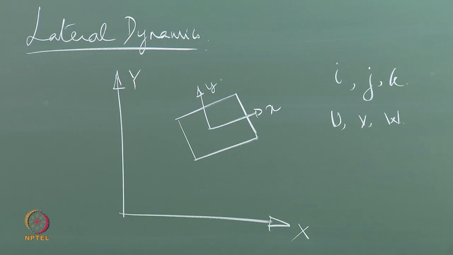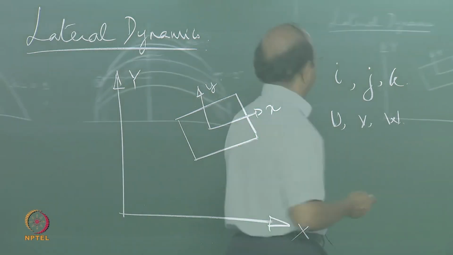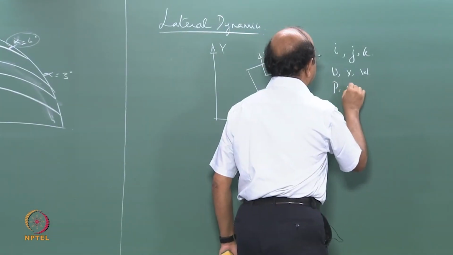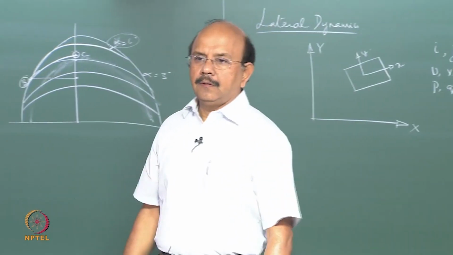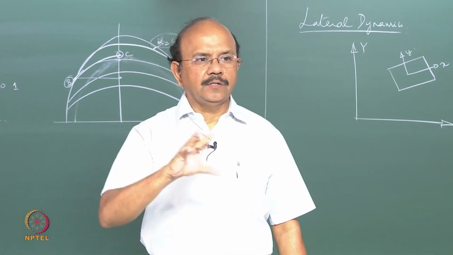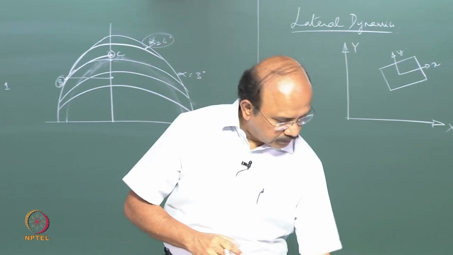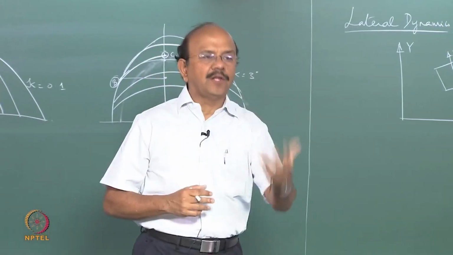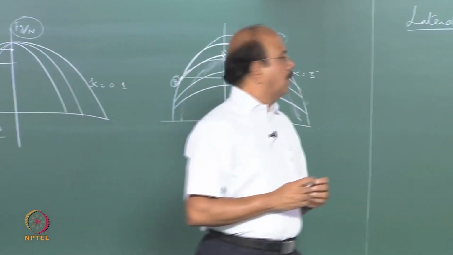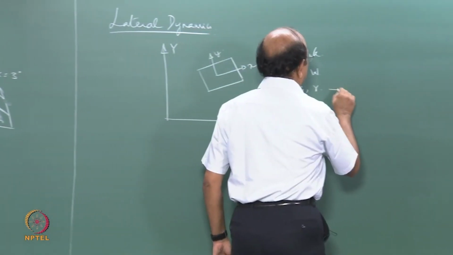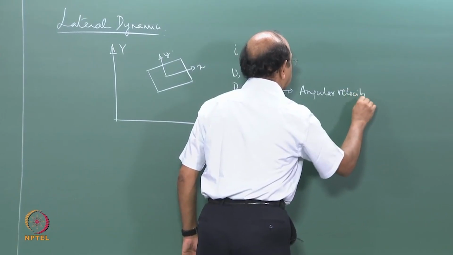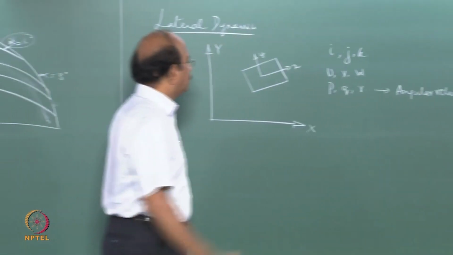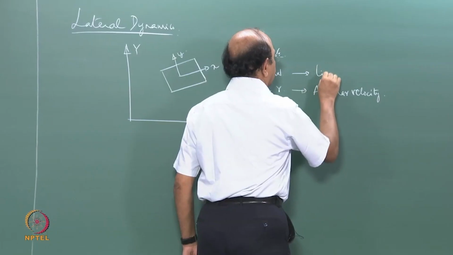And let's say that the rotation, which we would call as P, Q, and R, denotes the rotation of the vehicle, or in other words, the angular velocity of the vehicle. Okay, so this is the angular velocity, rotational velocity, and UVW is the linear velocity of the vehicle.